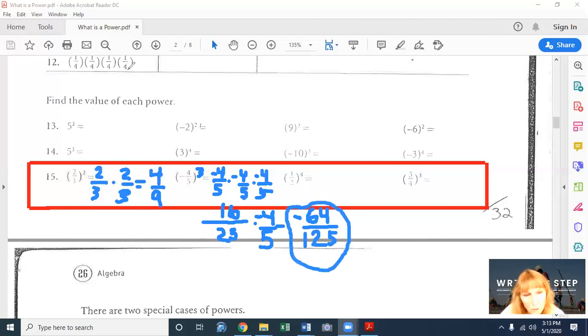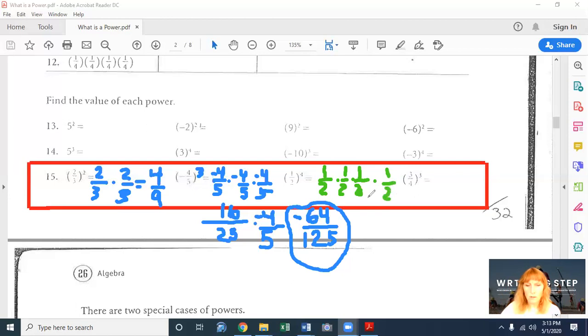The next one is 1/2 to the 4th power. Let's double check it. Yep, 1/2 times 1/2 times 1/2 times 1/2.